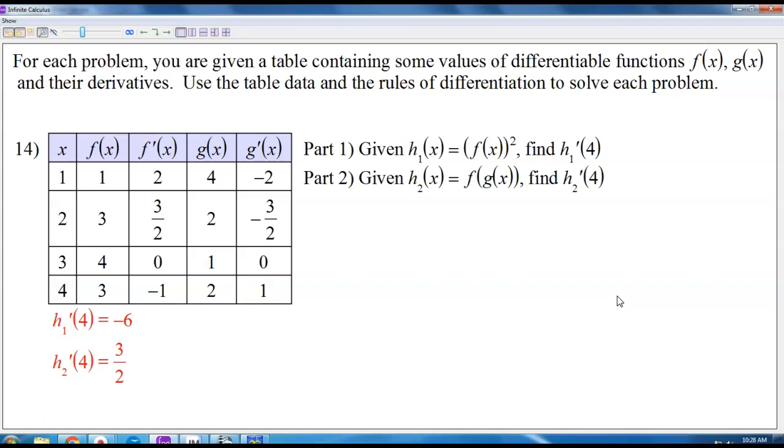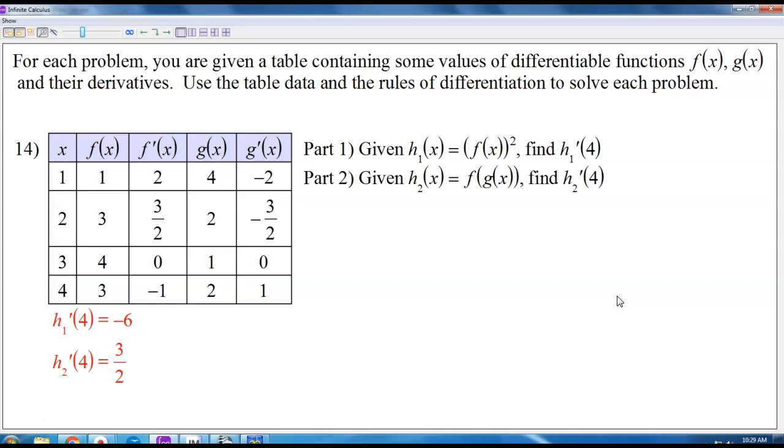So h prime of 4 will be f prime of g of 4 times g prime of 4. So this is f prime of, well, g of 4 is 2. And then I'm just gonna leave this g prime of 4 here, so I'm kind of at the same level.